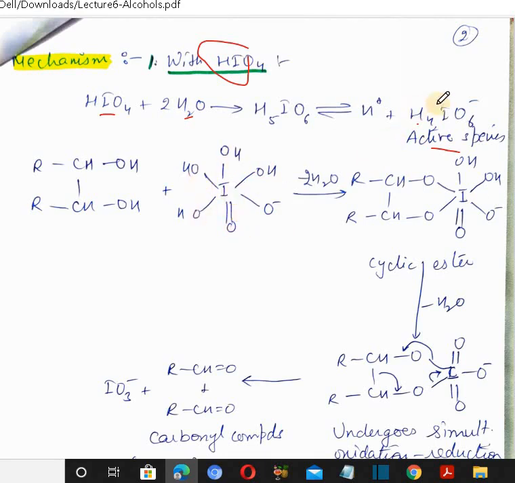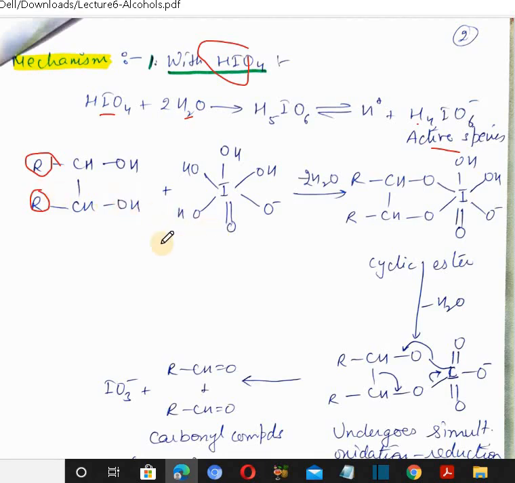In these, one negative charge is present, so this oxygen has negative charge, and in this a double bond is present. So these 4 OH groups are attached through single bonds, and this oxygen through double bond, and this oxygen carries negative charge. When it reacts with glycols, we have taken a general example in which we have taken alkyl groups. It can be hydrogen, it can be an alkyl group, that is methyl, ethyl, or any group.